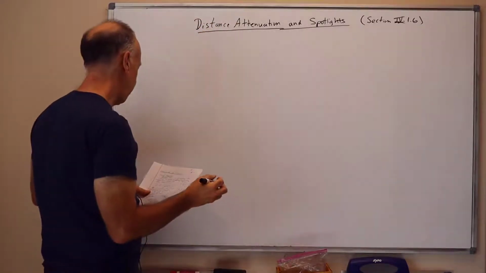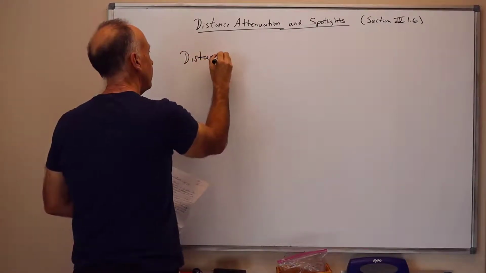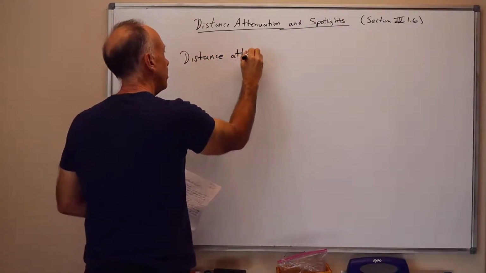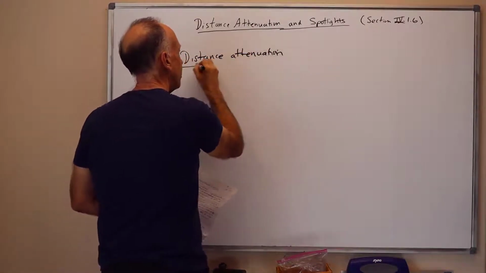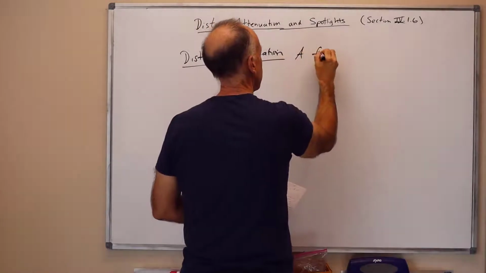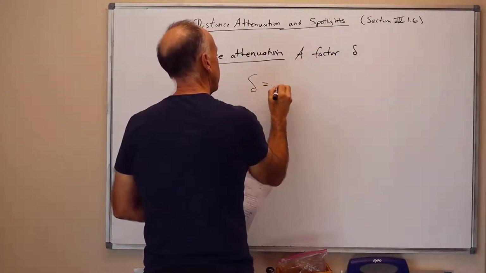It's a very ad hoc formula here. And the usual formula that's used, though, is we'll have a factor delta defined as something like the following.